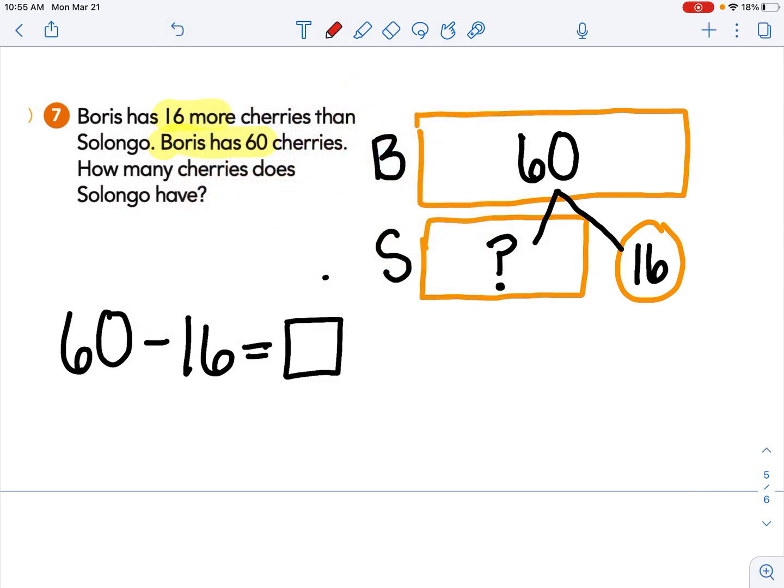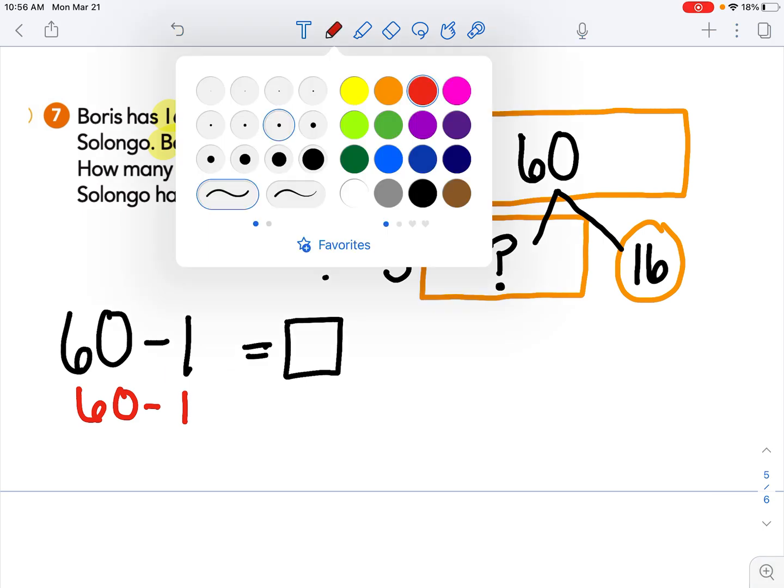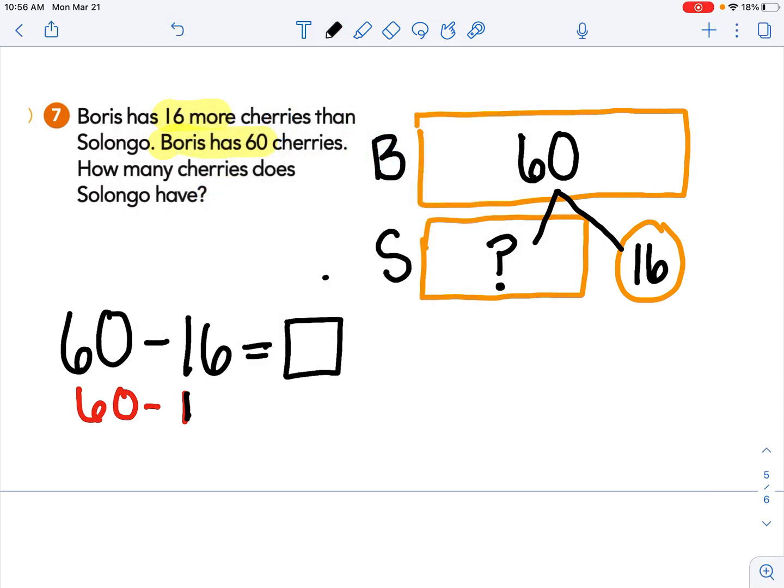First, I'm going to take 60 minus 10 because I know that 16 is made up of 10 and 6. So 60 minus 10 equals 50.